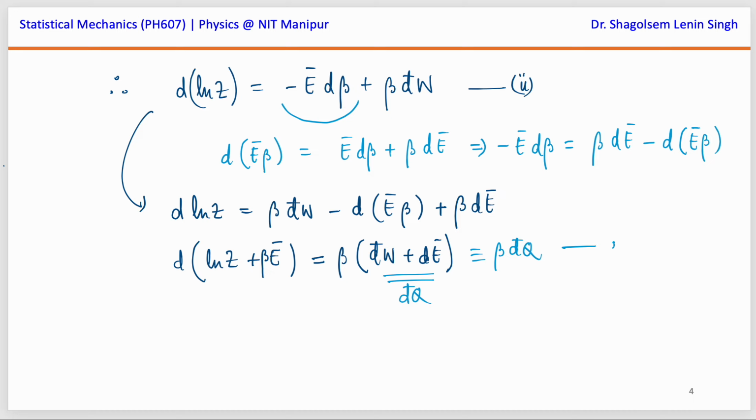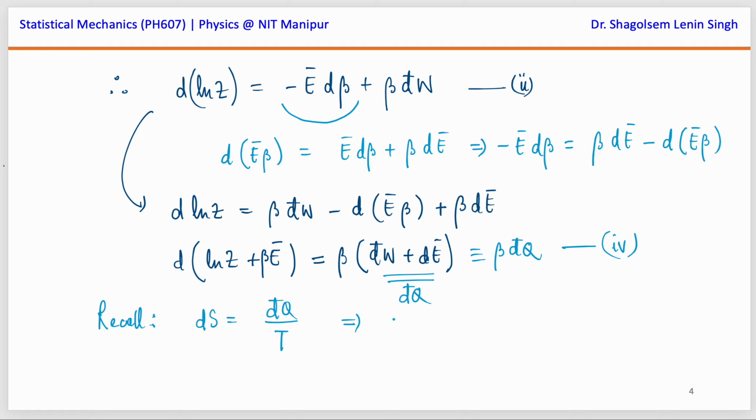This is say equation 4. Now we have to make a recollection of the following. The entropy change is given by del Q over T, right?